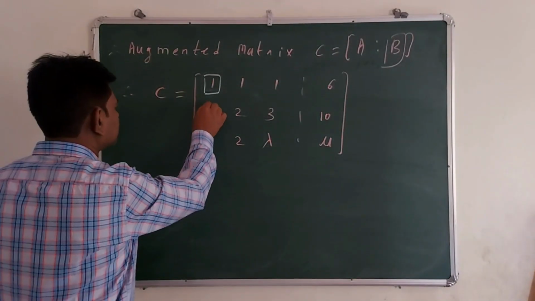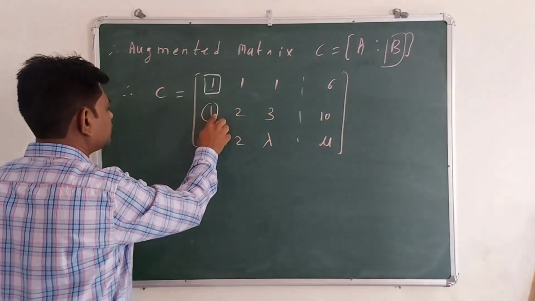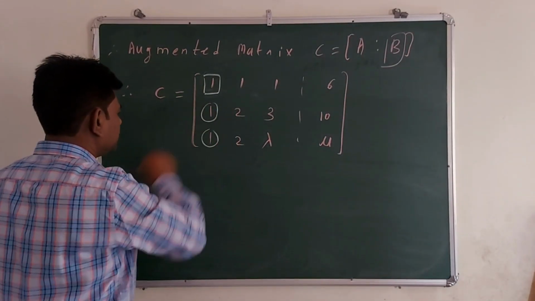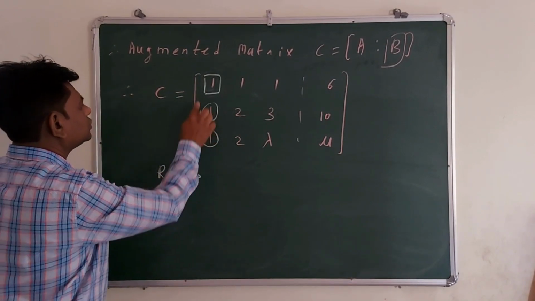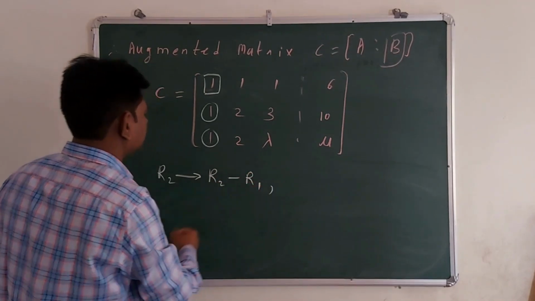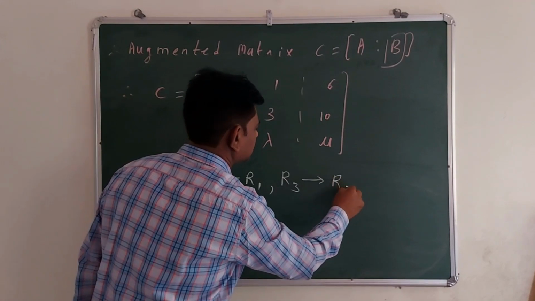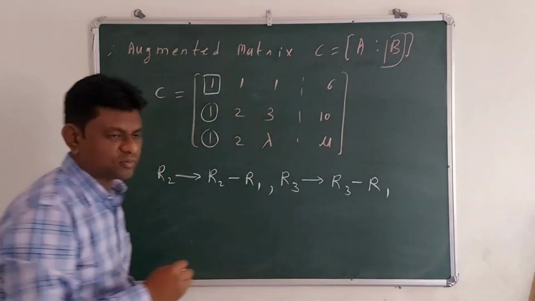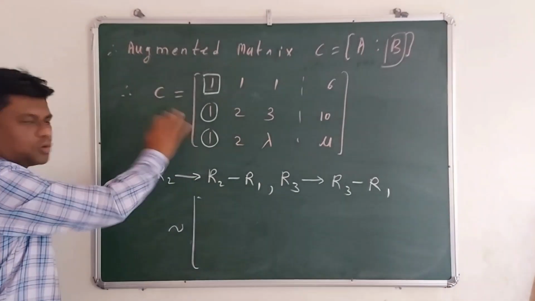Now we convert all the elements below it to 0, so R2 changes to R2 minus R1. Similarly R3 changes to R3 minus R1.